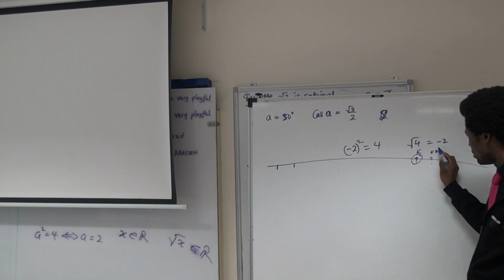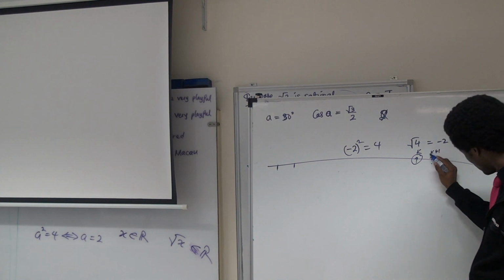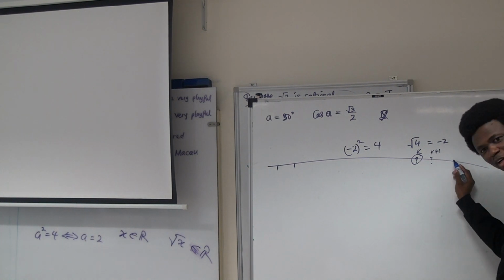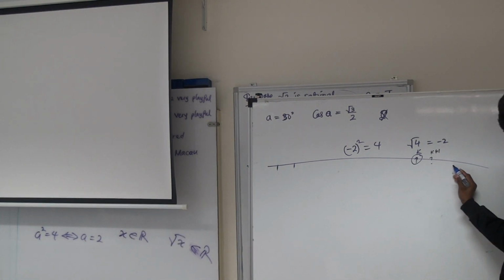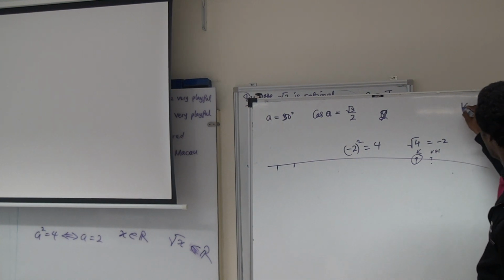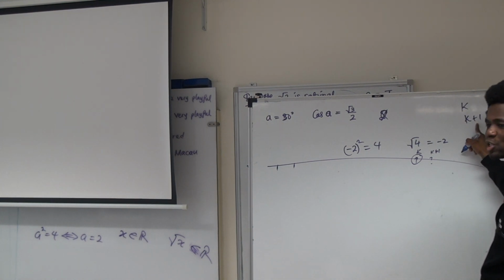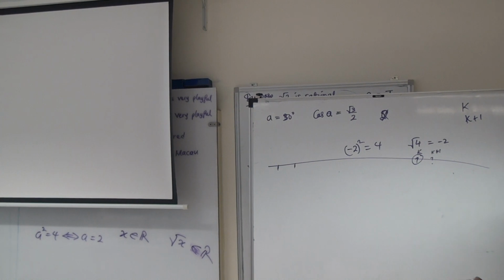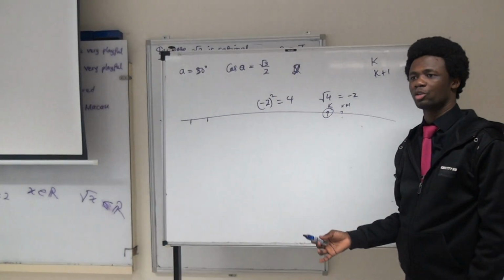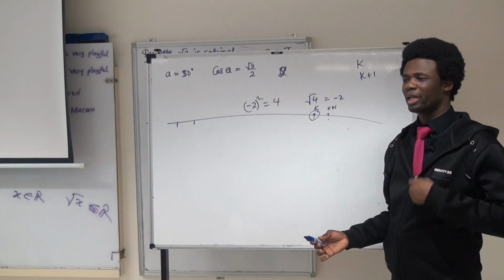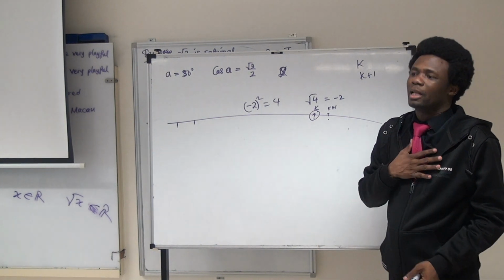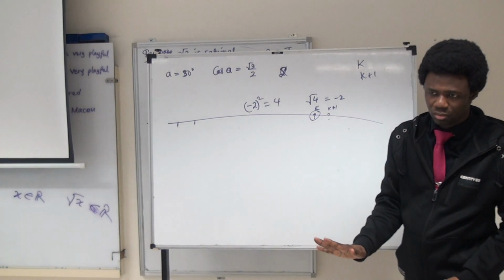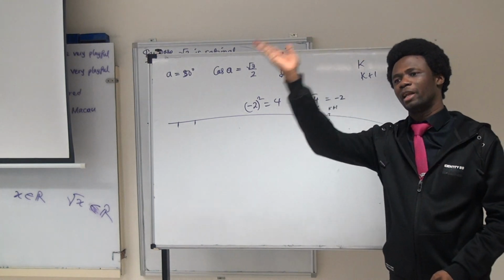Because by this proof, it means if I know that k plus 1 is true, then I can prove that k plus 2 is true. Do you understand? I assume k and I show k plus 1. What does this mean? It means when you assume a previous step, the next step is always going to be true. Assuming the previous step means acknowledging that it is true. Then use that to show that the next one is true.